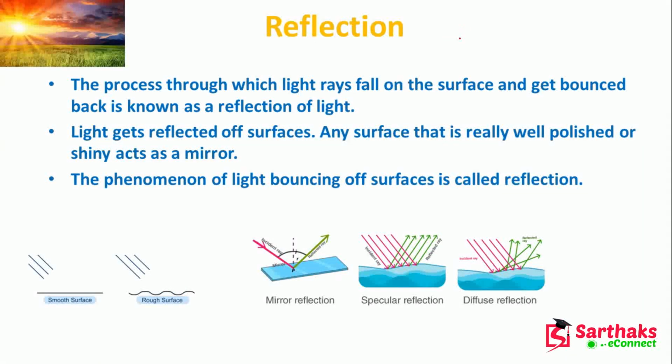If this is the surface and light rays fall on it, this is called incident light, and again it will bounce back. At that time, it is called reflection. This is the reflection of light.